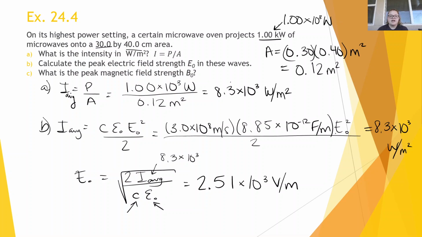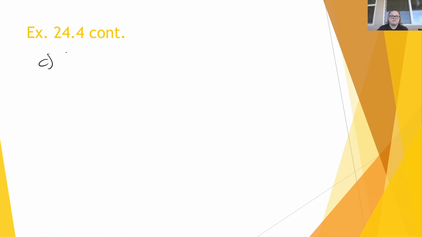So now I want to know the peak magnetic field strength, B naught. So let's see. B naught is related to E naught. Earlier we saw that E divided by B is equal to C. So this must also be true for our maximum values.